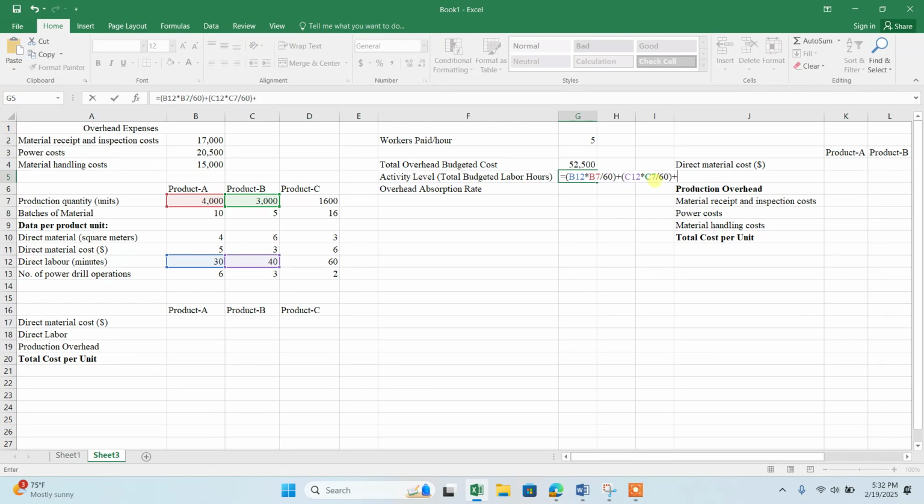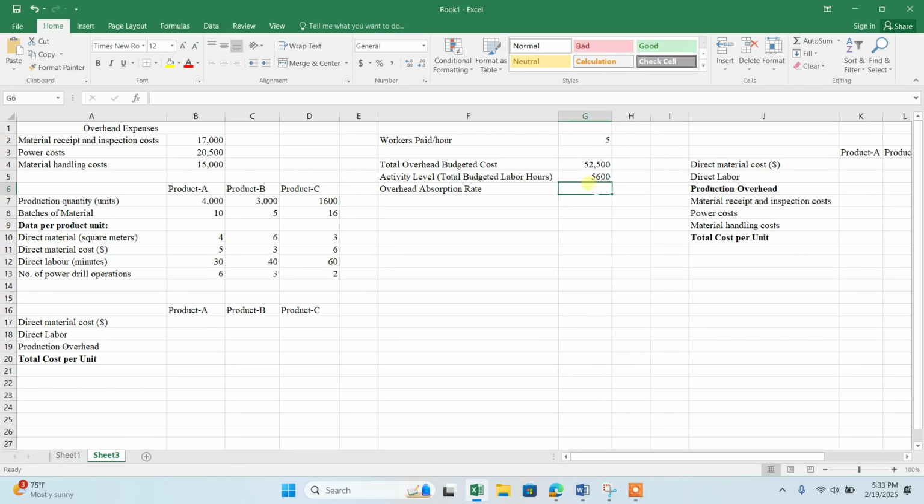Similarly, for the last product, 60 minutes are required to produce 1 unit of C. How many minutes are expended to produce 1,600? If I multiply this, I need it in hours. So these are the total number of hours which I have spent in producing this number of units, and it cost me 52,500.